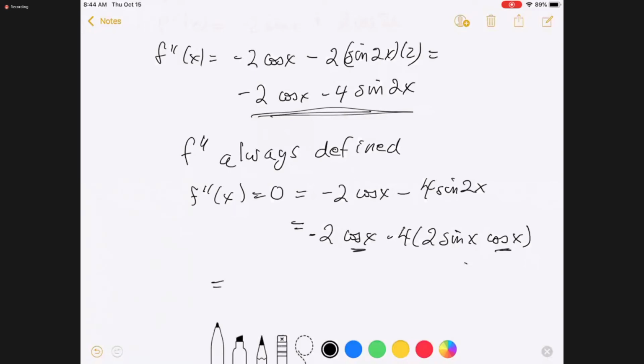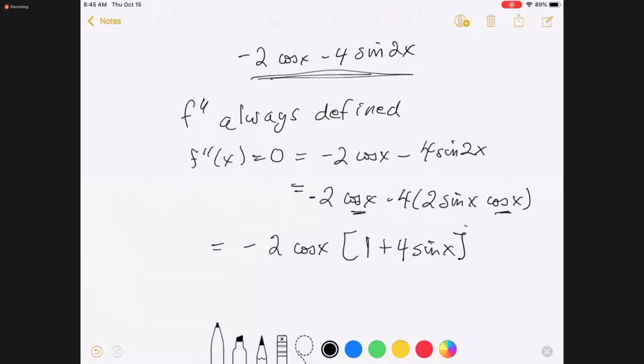So I can factor out minus 2 cosine x, and that leaves me with 1 from the first term, and from the second term, 1 minus 2, so I still have a plus 4 sine x left. Okay, that looks better. I don't know where the sine of x is equal to minus a fourth. I just have to eyeball that.